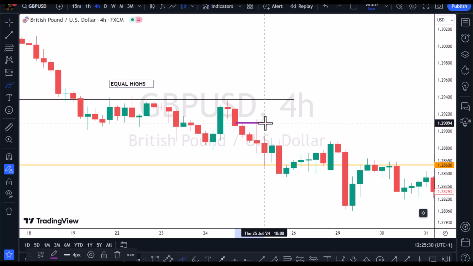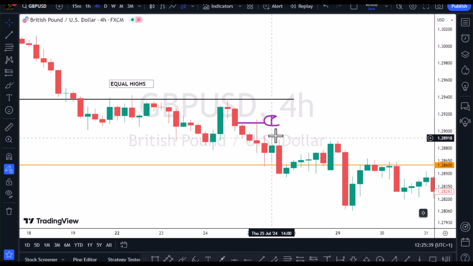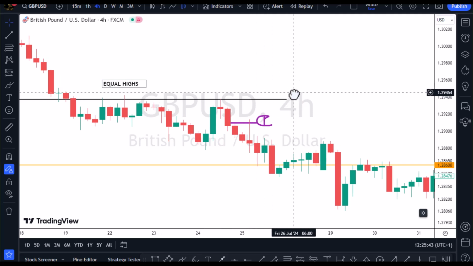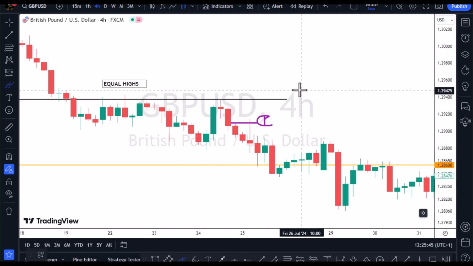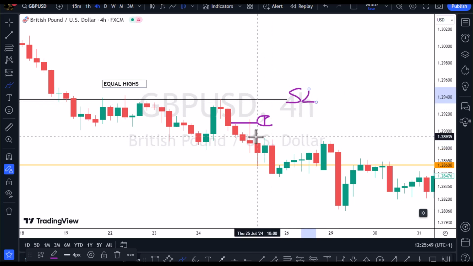Instead of being out right here, as the market gets to this level, you move your stop loss from this level to the high of this bar right here, whereby you defended some profit.